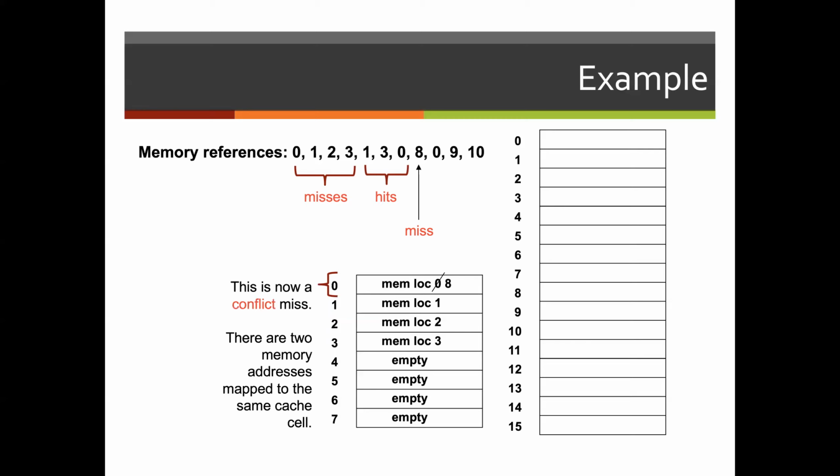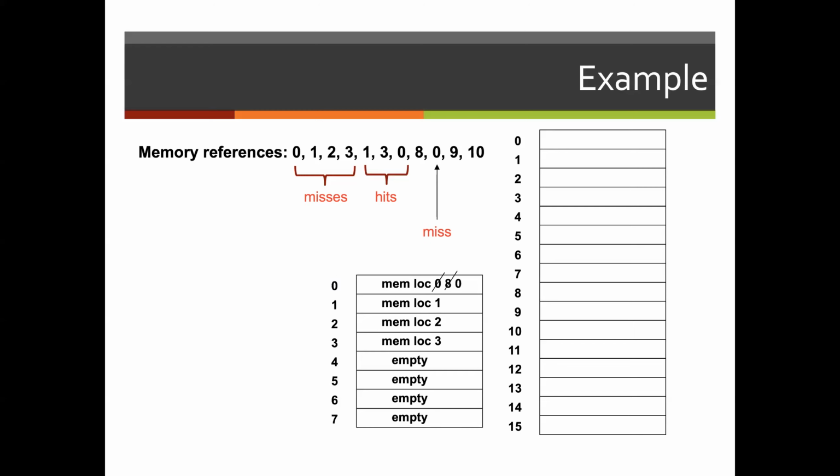And so now when we go to 0 again, this becomes a conflict miss, because it can only be stored in location 0. So we have a miss again for 0, and it gets put into the cache. And now we pull 9. This will be a compulsory miss, because this is the first time that we're pulling data for 9.